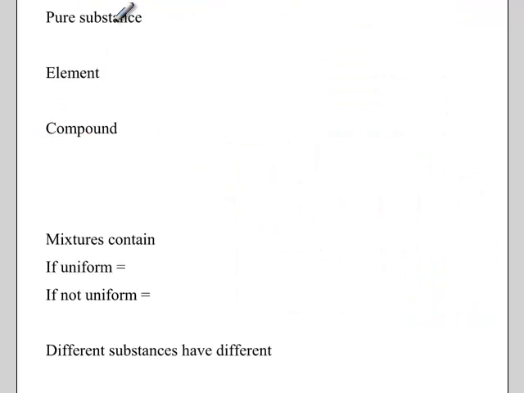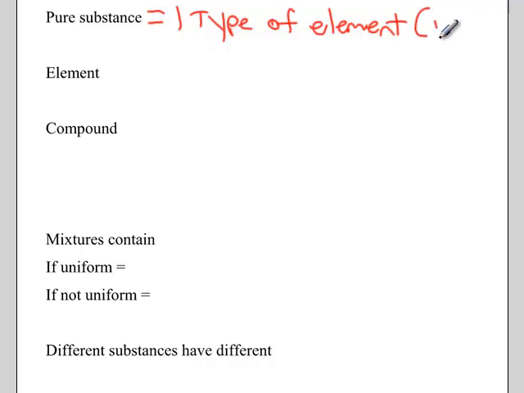So first, let's look at what these terms mean. A pure substance is a sample that's made up of one type of element, and the elements are found on the periodic table, or one type of compound.